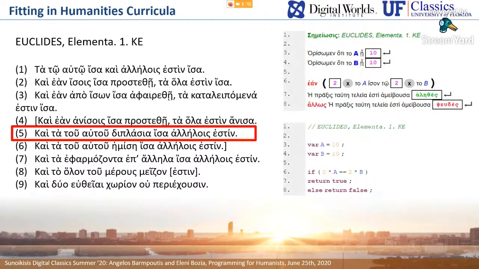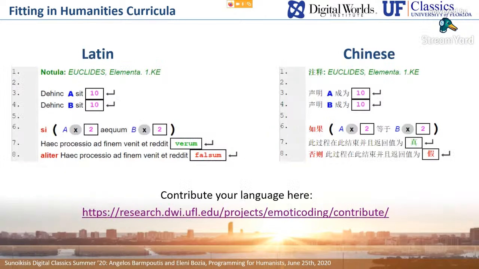Now, in those examples, we chose those particular three languages. We saw an example in English text replacement, an example in Latin, and now in ancient Greek. But of course, you can see how this could be extended even further to other languages. For example, here is Chinese.